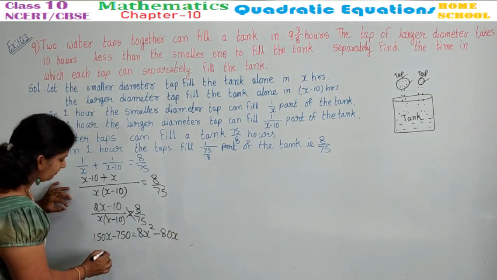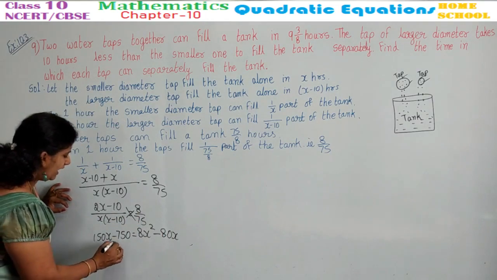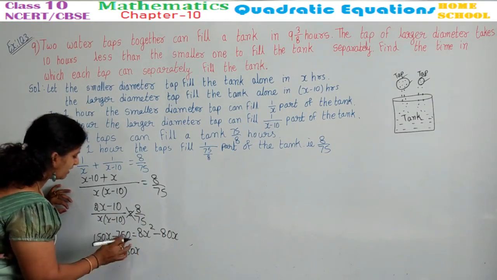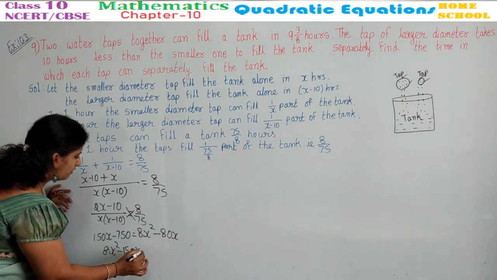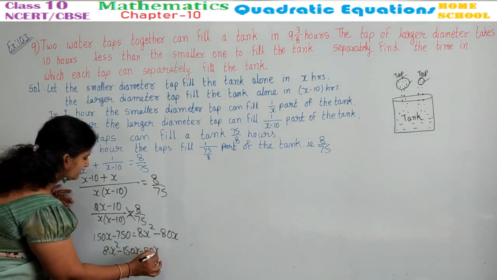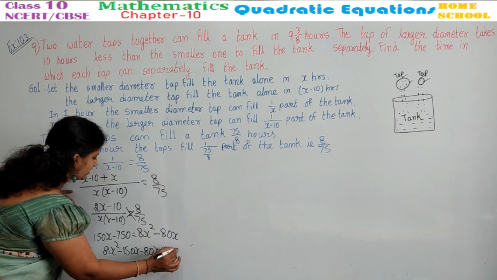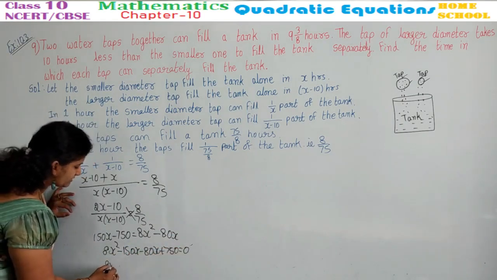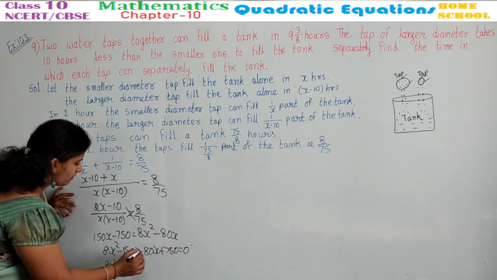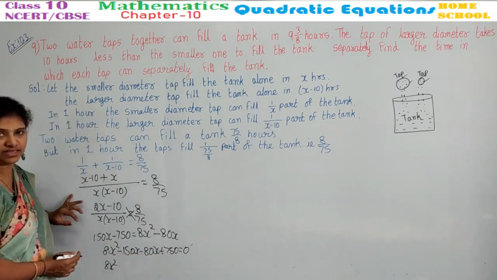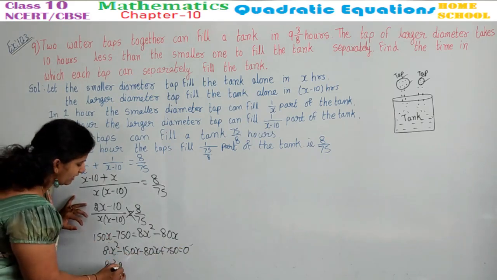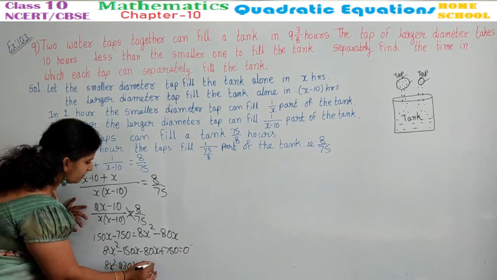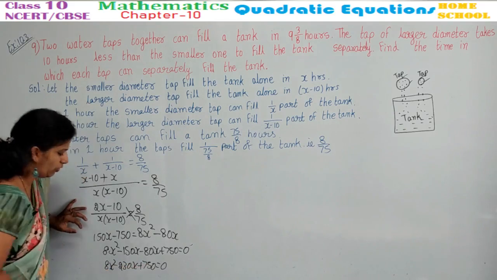Okay, now 8x square minus 150x, I am bringing this side, minus 80x plus 750 equal to 0. 8x square minus 150 minus 80, it will be minus 230x plus 750 equal to 0.